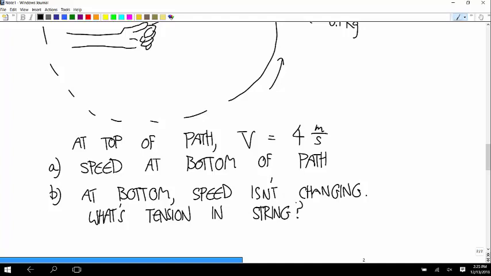Yeah, the bottom is where it has the greatest amount of tension. So for part A, we're going to use conservation of mechanical energy. And for part B, this is a circular motion problem.